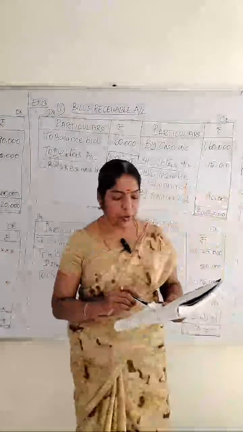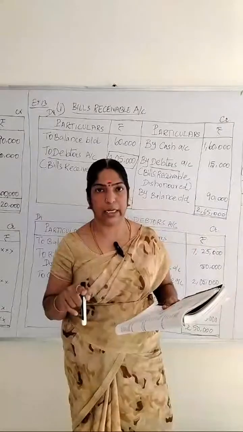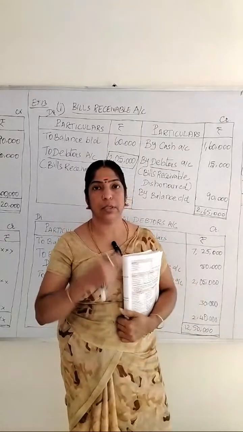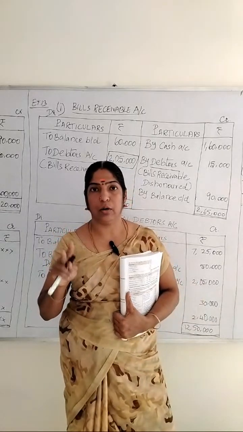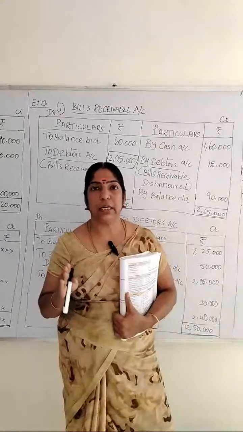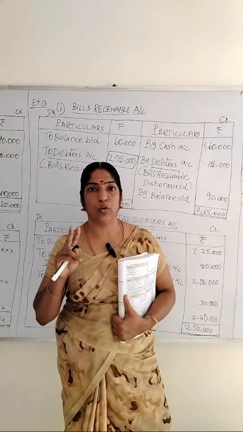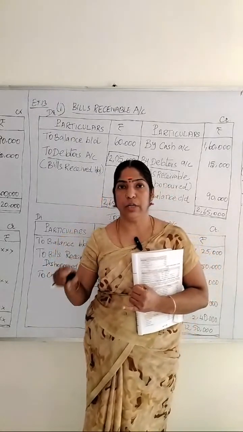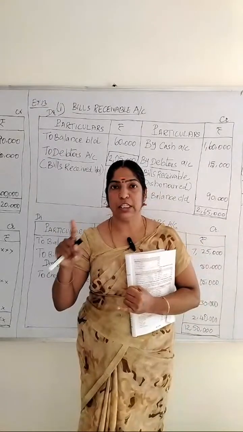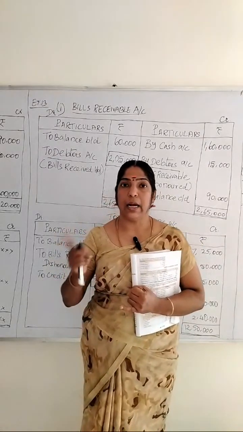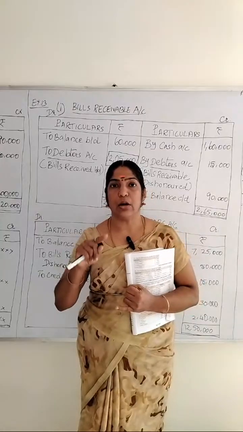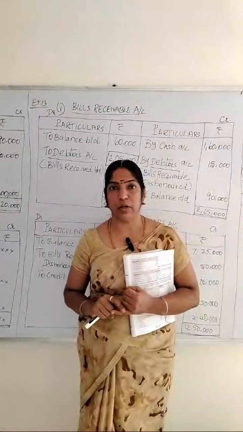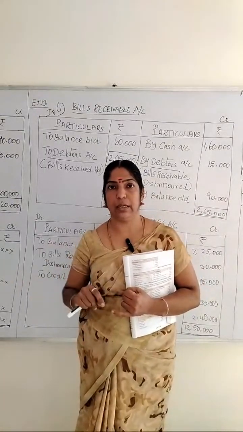So, debtors on 1st April 2018. I already explained many times, there are two accounting periods. Every businessman knows this. What are they? 1st January to 31st December is one kind of accounting period, and another accounting period starts on 1st April and ends on 31st March of the respective year.